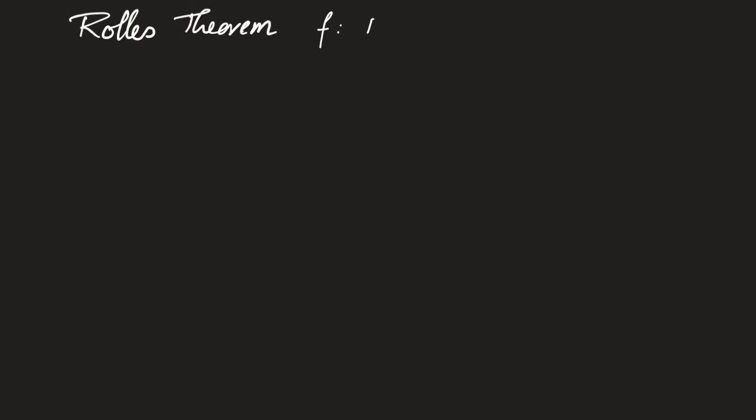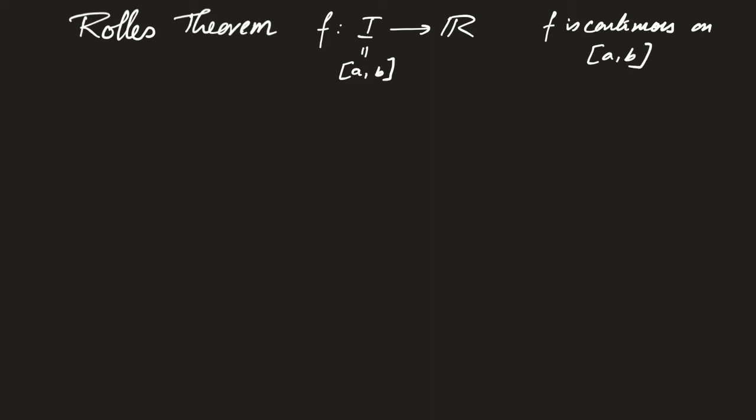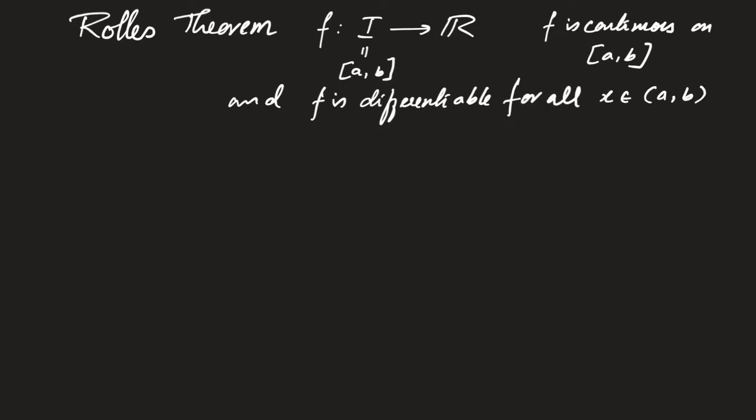We have a function f from I to R, where I is equal to the interval [a, b], and f is continuous on [a, b], and f is differentiable for all x in open (a, b), and f(a) is equal to 0 is equal to f(b).